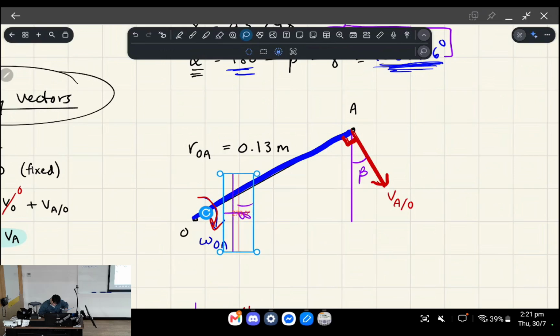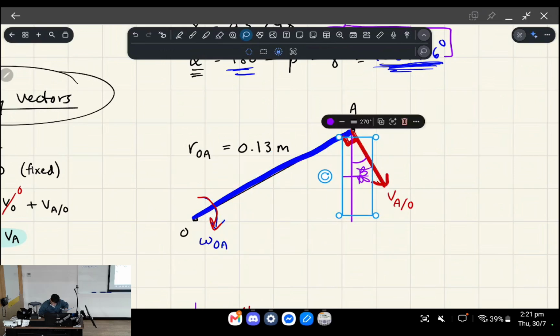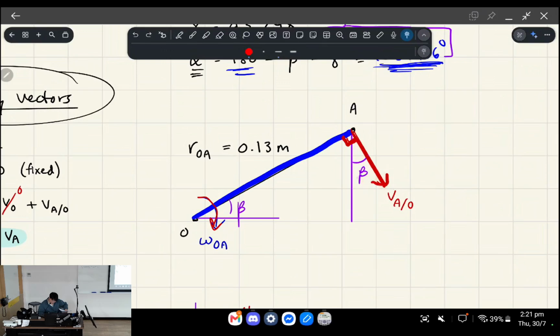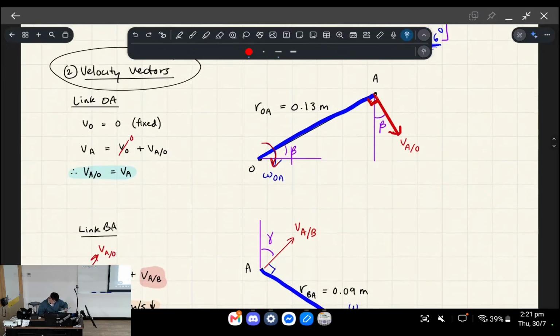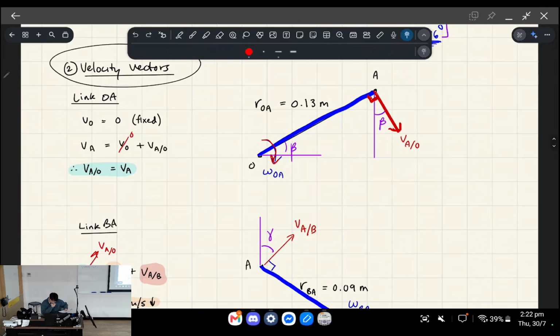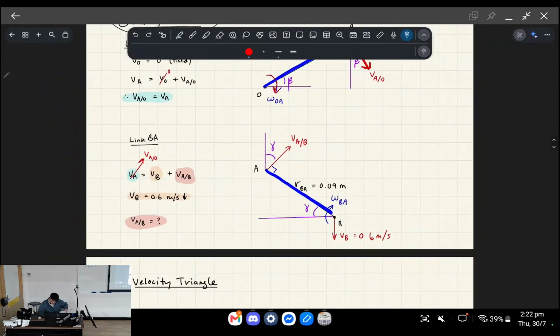So we just add 90 degrees, and that gives us the fact that the velocity vector is coming off the vertical at an angle beta. So that's important. We set up the vector and the direction.